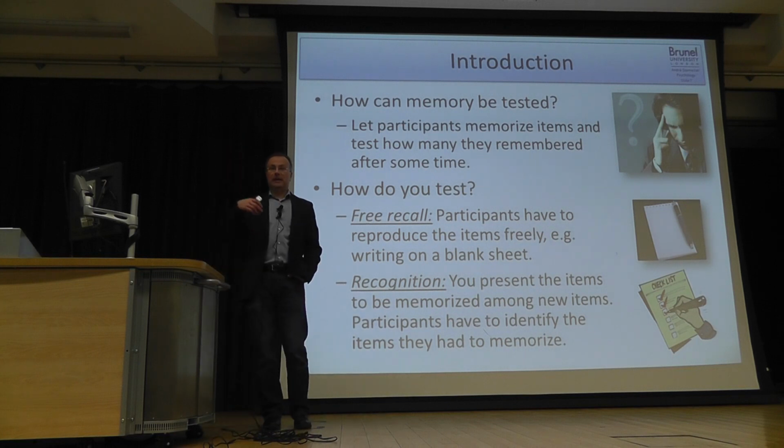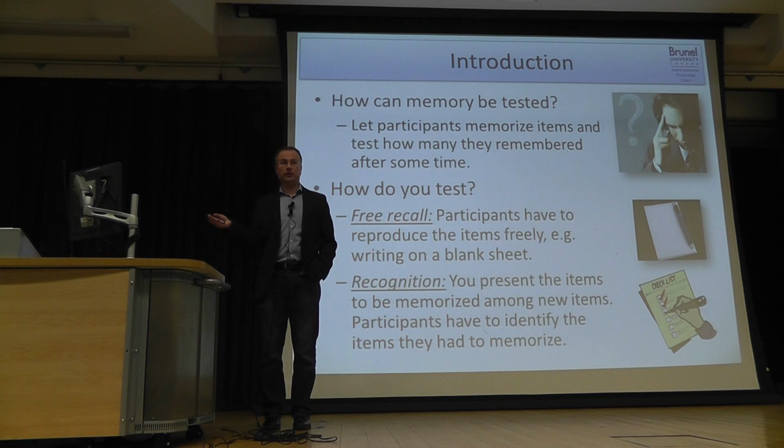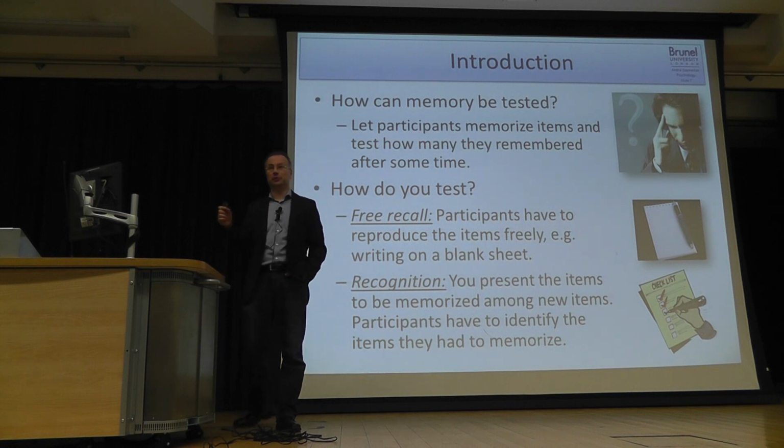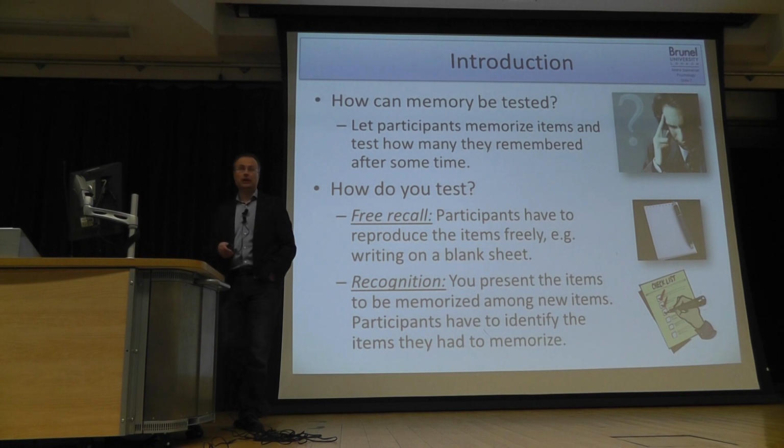Or you have them learn 10 words, and then you test their memory for 20 words. And for every word they have to say, okay, I've seen that before, I recognize it, or I haven't seen that before. Usually you get better memory performance when you test recognition, because it's easier to recognize something than to free recall it.